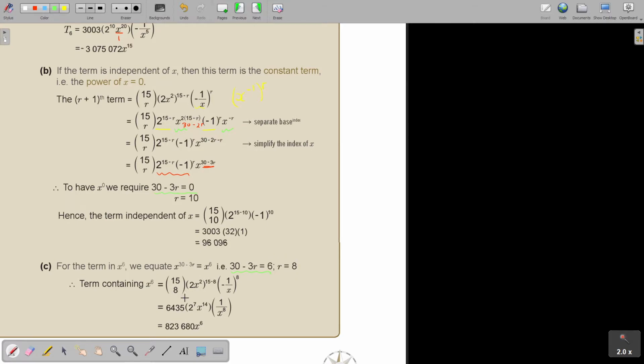Okay, and now I substitute it in, I say 15, 8, and then I just substitute the r, so work with that formula. Let's just see quickly what formula we are working with. So it's 2x squared, 15 minus 8. Basically, I'm just taking the front term.